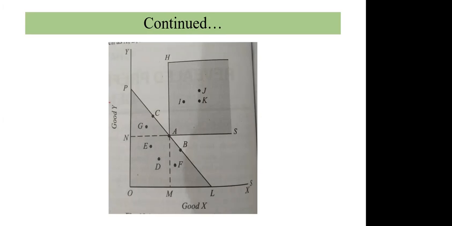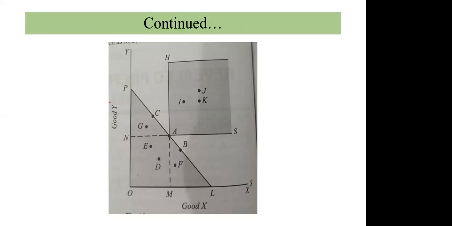If we look at these two lines, AH and AS, these are simply two perpendiculars drawn from A. They are drawn just to show that even if there is some combination which is preferred over these combinations A, B, C, D, F, G, H, since they are not within the budget constraint of the consumer, it is not viable for him to achieve it.